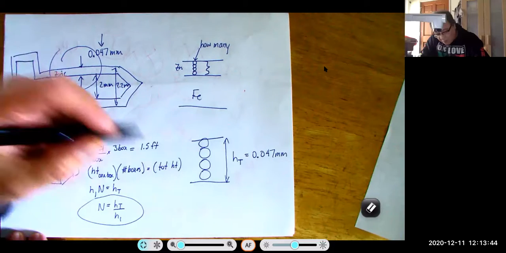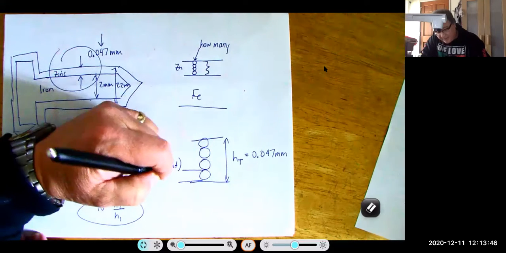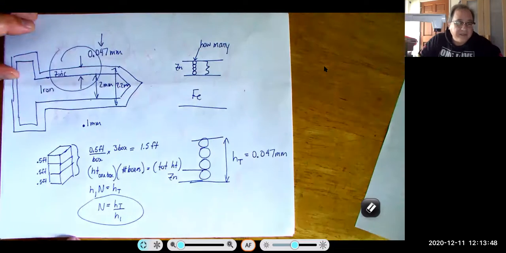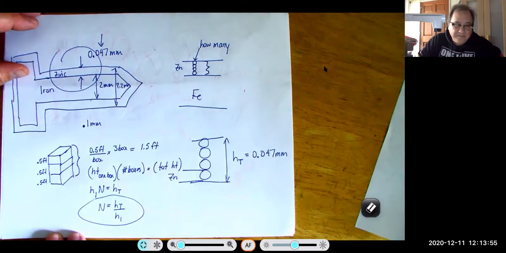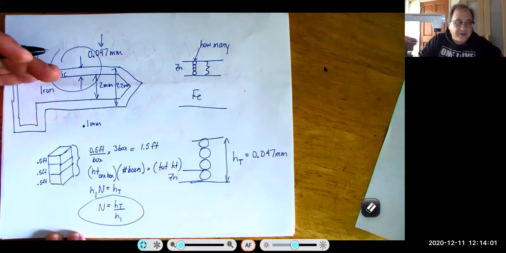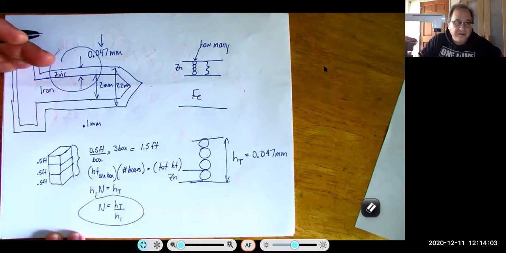Yeah. Okay. Now, what would the height of one zinc atom be? Give it a name. Would the height of a zinc atom be its length, its width? What do we call that? Now, zinc atoms are what? What sort of a geometric shape?